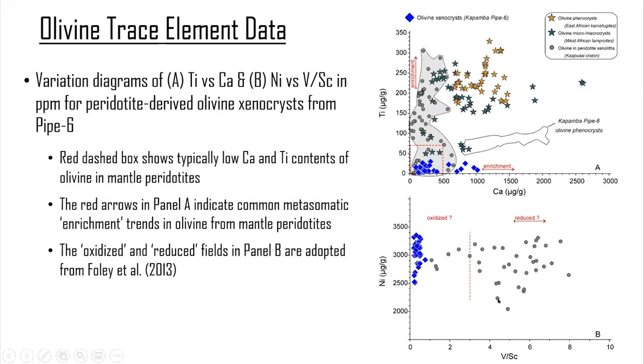When looking at the other diagram down here, we can see that according to their nickel contents versus the vanadium to scandium ratio, they classify as relatively oxidized in comparison to what is seen for olivine in peridotite xenoliths from the Kaapvaal craton.